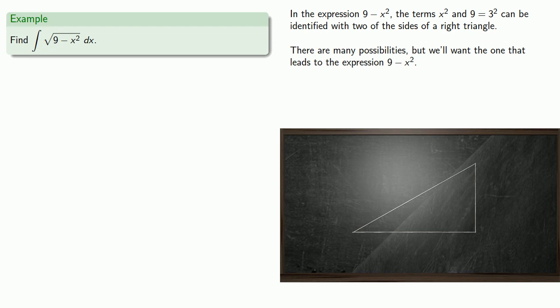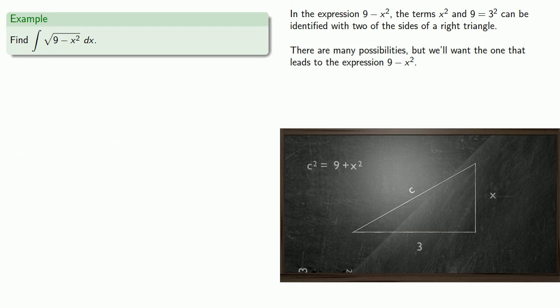So maybe we'll try this. If we use the Pythagorean theorem, but that doesn't give us our 9 minus x squared. Well, as the saying goes, if at first you don't succeed, give up and join the circus. Possibly I misheard that.